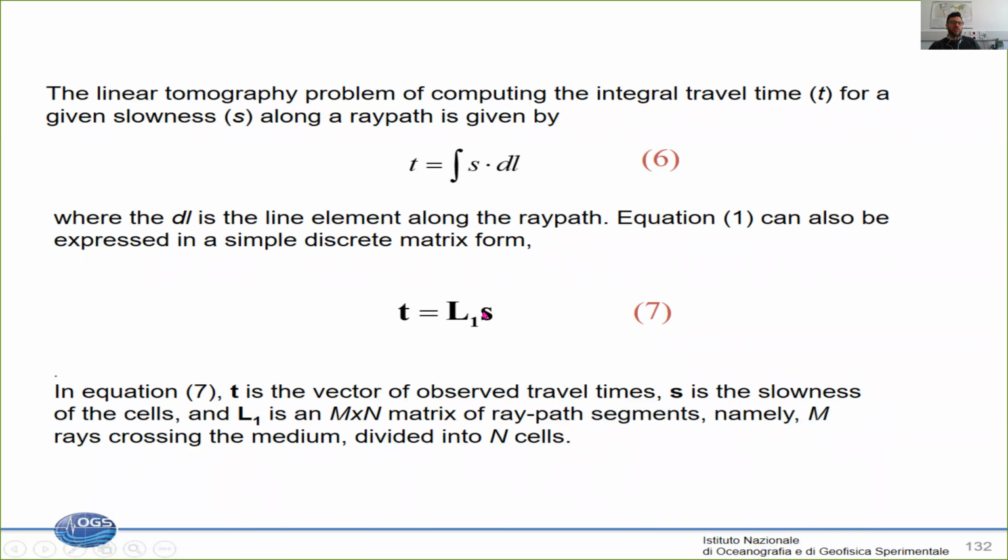And S is the slowness, so the inverse of velocity, in each one of these N cells. Given my measured travel time data, and given the matrix of ray path segments that I can simply calculate geometrically, we are making a linear assumption, like we did in the first description of inversion last time. What I want to calculate is the slowness in each one of the blocks.